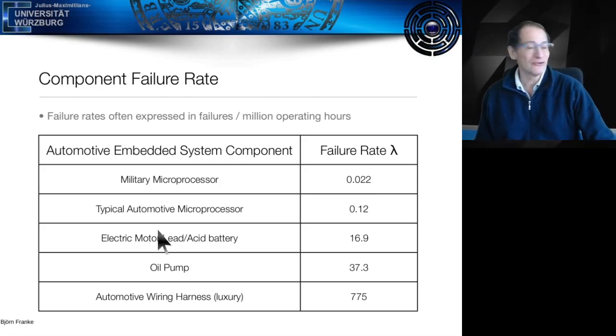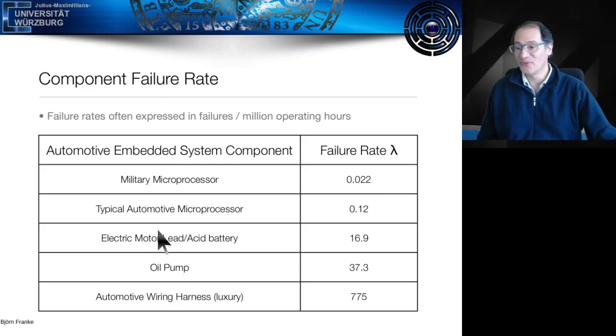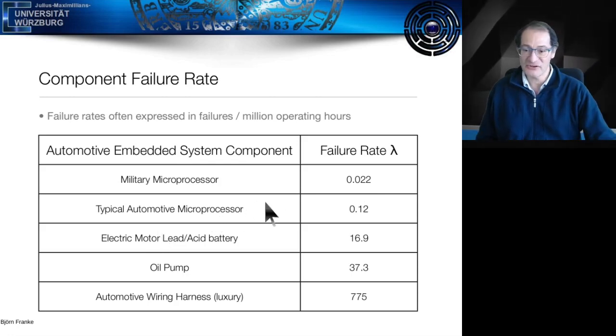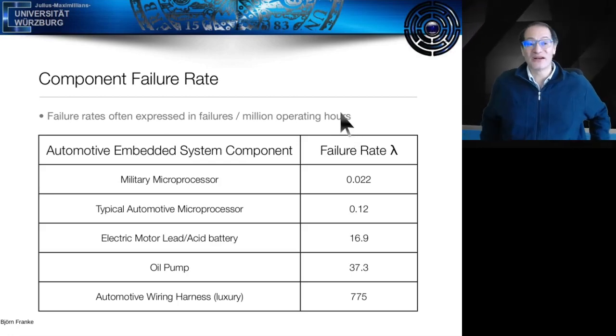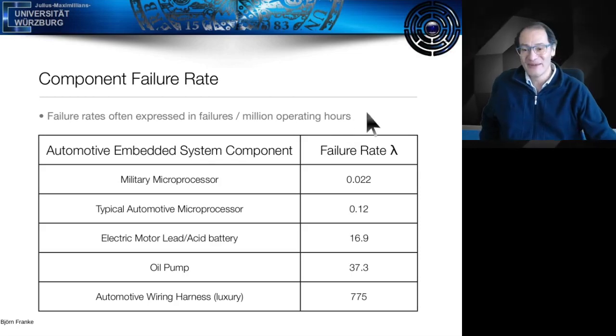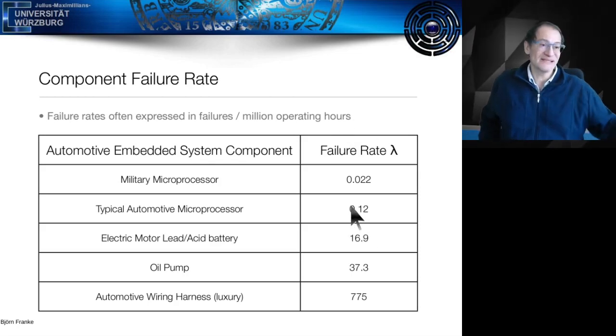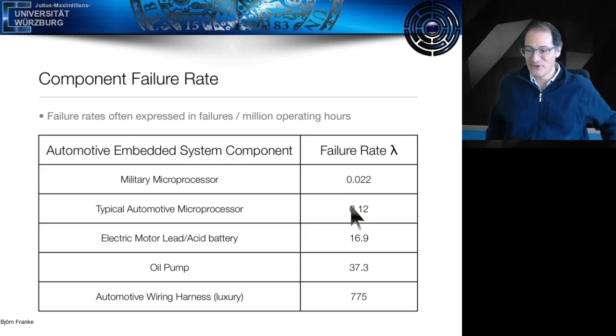If you take a look at a cheap automobile microprocessor, it is almost 10 times higher. So you have 0.1 failures in million operation hours. No car is going to be running for millions of hours, but you have millions of cars, and then you have every 10 hours a failure in these millions of cars which you have distributed.